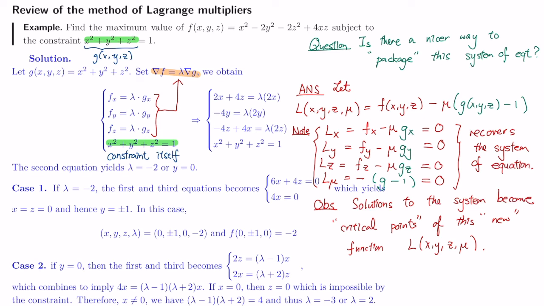Because any solution of this system of equations will satisfy L differentiated with respect to x equals 0, with respect to y equals 0, with respect to z equals 0, and finally with respect to mu equals 0. So a solution to this system is effectively just a critical point of this fancy function here. And this is the starting point of how we're going to reformulate the method of Lagrange multiplier in a more systematic way. I'm going to recap this again on the next page.